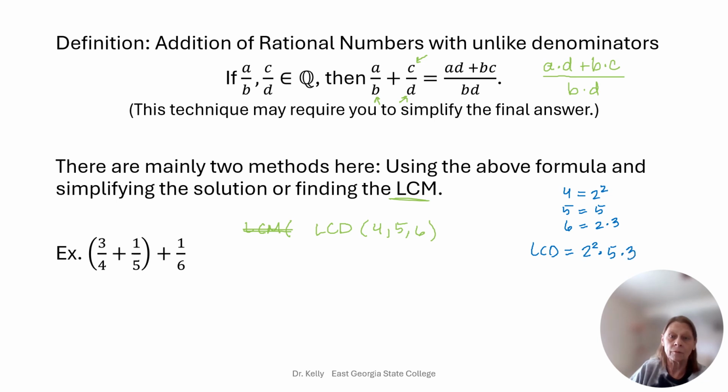All right, and that number is 15 times 4 is 60. Okay, now we're going to set this up so that we rewrite each one of these in terms of 60s.